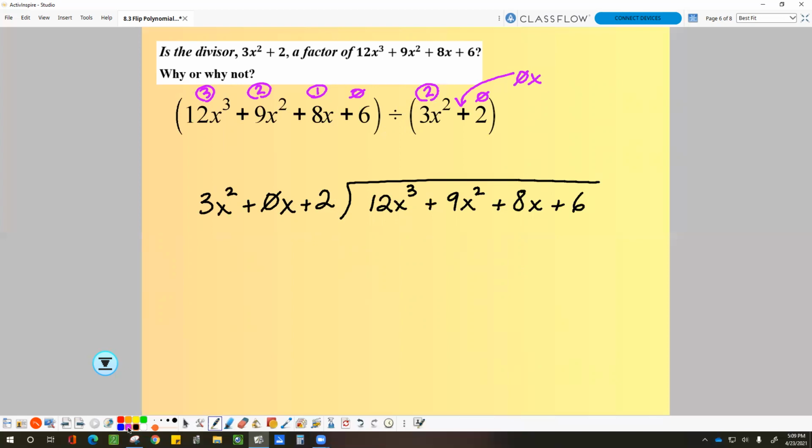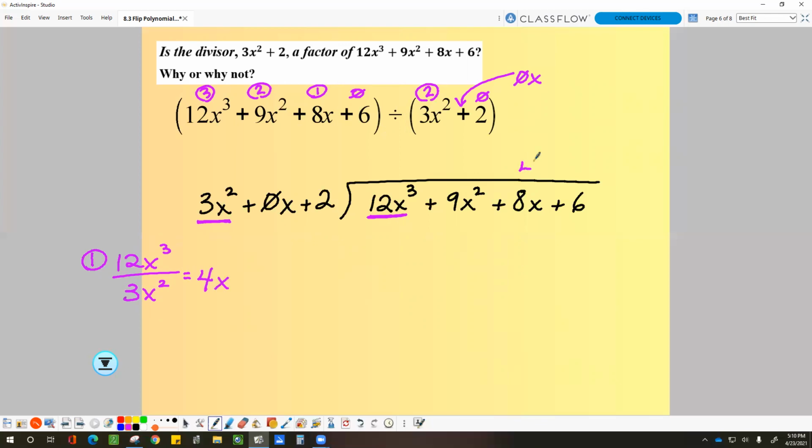To do this division, I look at the left side of my dividend and divide by the left side of my divisor. So my first division is 12x to the third power divided by 3x squared. That's 4x.